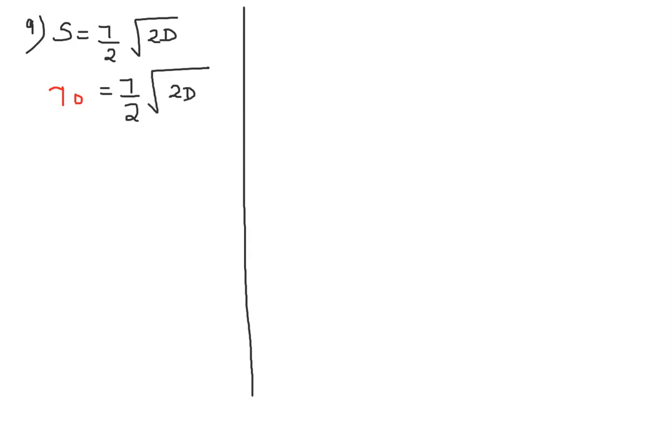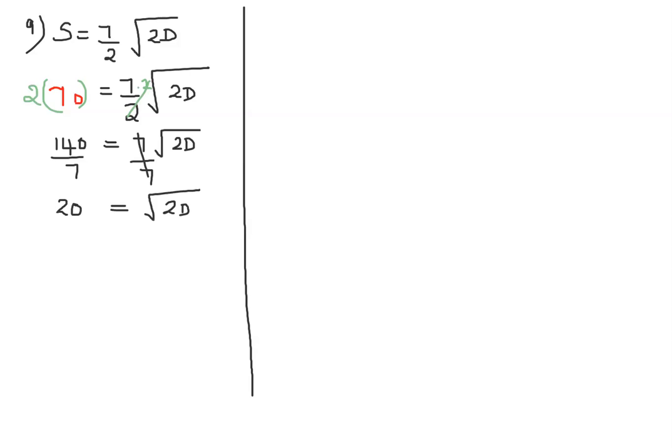Okay, so now we have to first get rid of that. We have to move the 2, so multiply both sides by 2, so we can cancel the 2 here, so we get 140 equals 7 times square root of 2d. Now I have to move the 7 to the other side, so divide by 7, so 20 equals square root of 2d. We have to get the d, so square both sides.